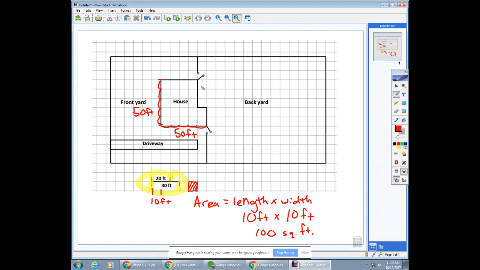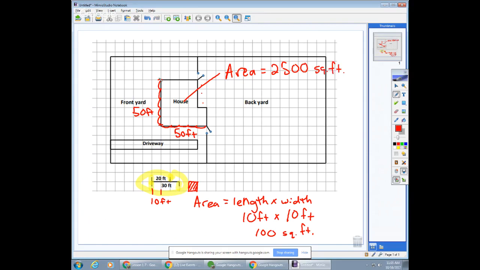Now, that's a little more because we're counting in these squares, which actually aren't part of the house there. So as far as just looking at the house, an overestimate of the area is 2,500 square feet.